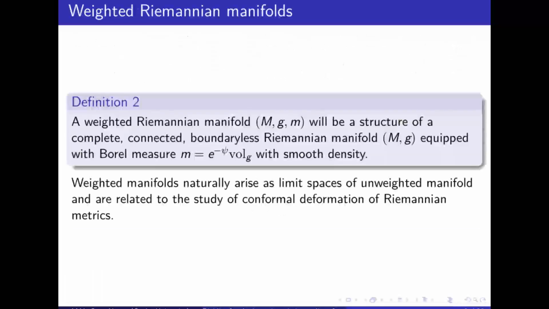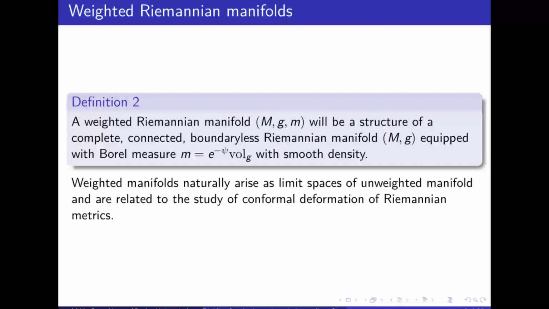And now, let me introduce the concept of weighted manifold. A weighted Riemannian manifold is a structure of a complete connected boundaryless Riemannian manifold equipped with the Riemannian metric g and a Borel measure. We also call it a manifold with density.